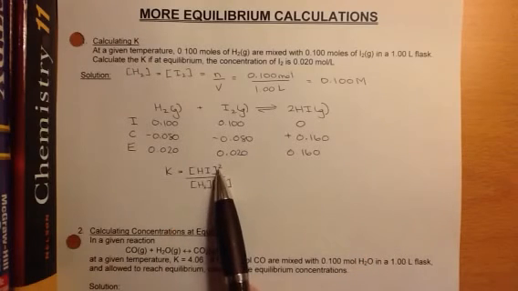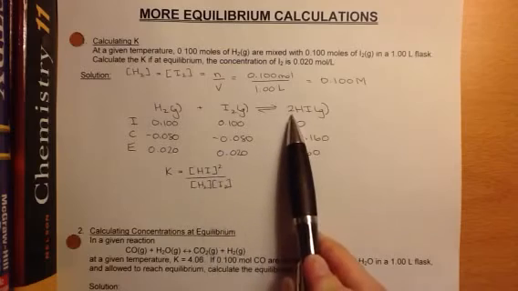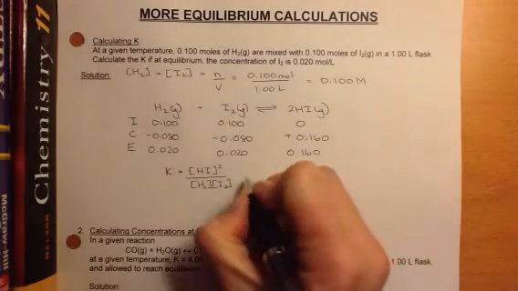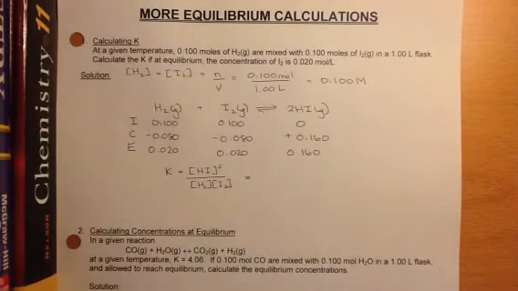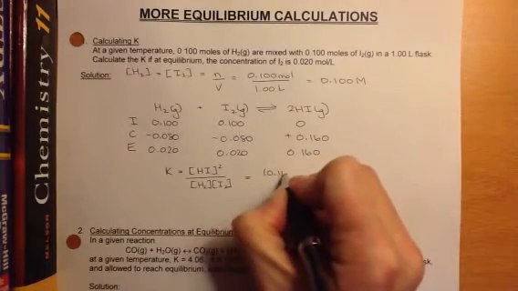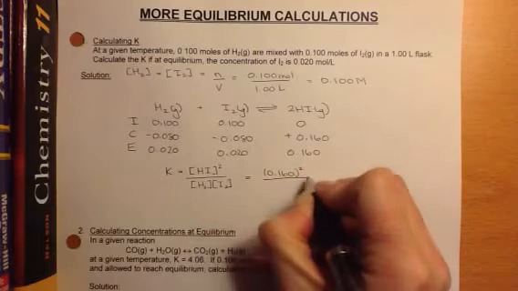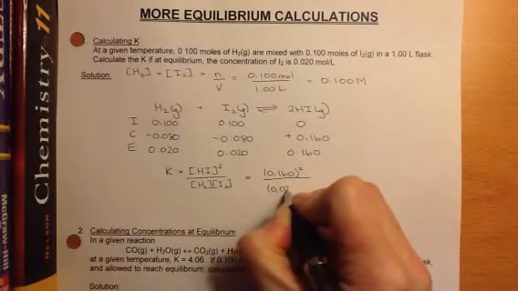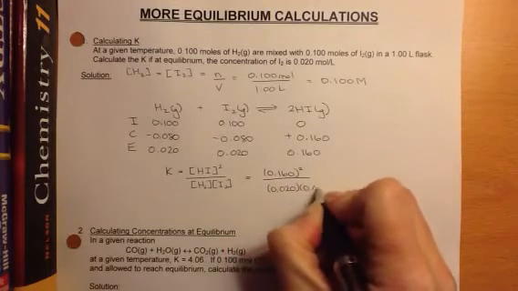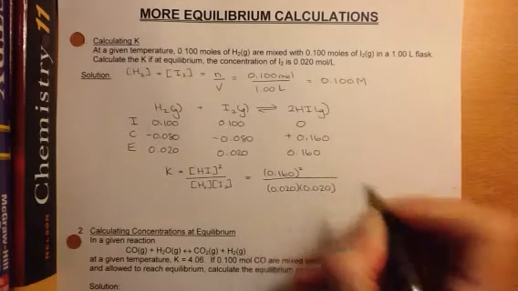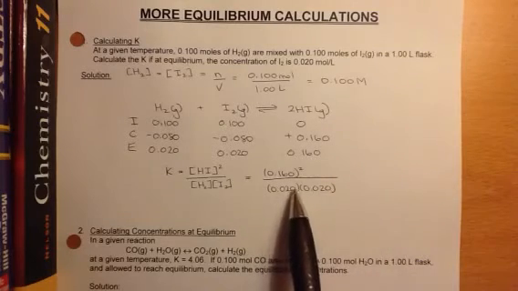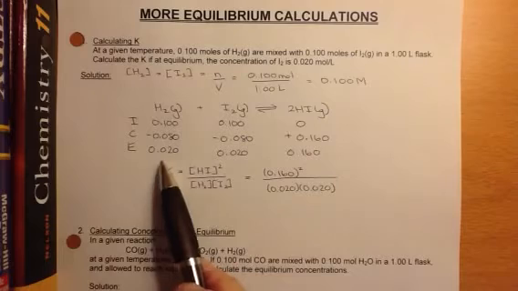We square the hydrogen iodide because of the coefficient of 2 here that we have in the product. Now we substitute in our values. Remember, of course, we are using the values that we've got at equilibrium.